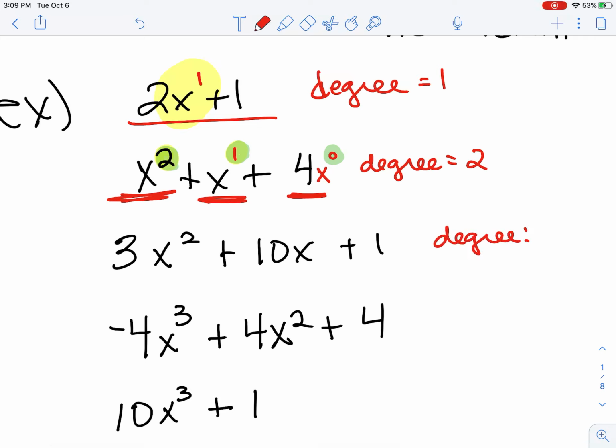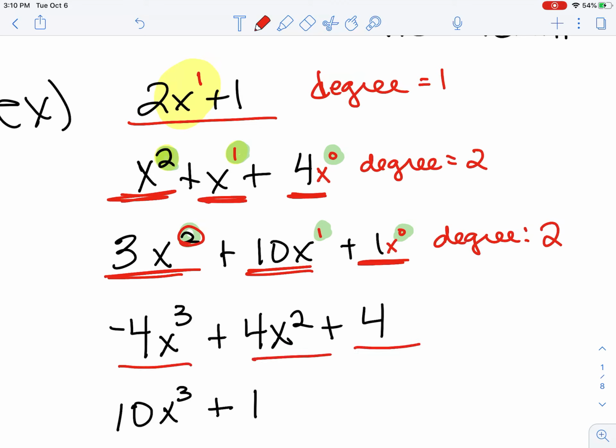So let's look at this one. If I look at this term and this term, again, this is really like saying x to the 0. We're going to compare those exponents. This is really an exponent of 1. And we've got a degree of 2 because it's the biggest. Again, this function here has 3 terms.